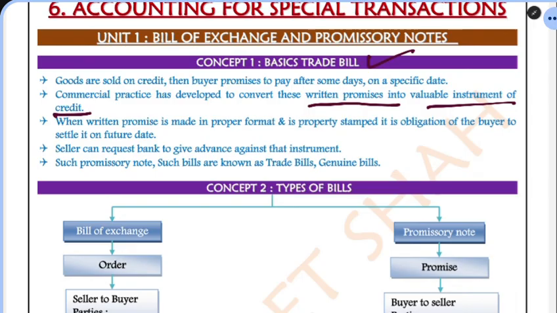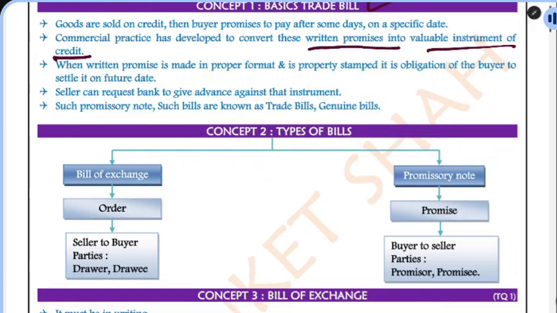Next, when a promise is made in proper form, the seller can request the bank to give an advance against that instrument. I will explain this in detail also. Yes, he can do that.